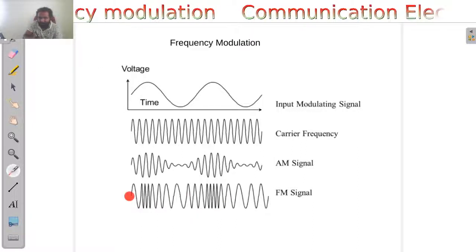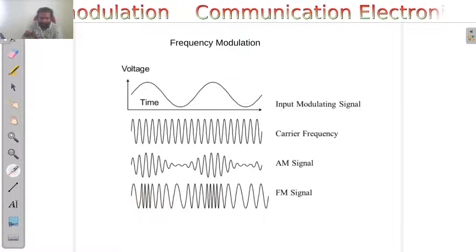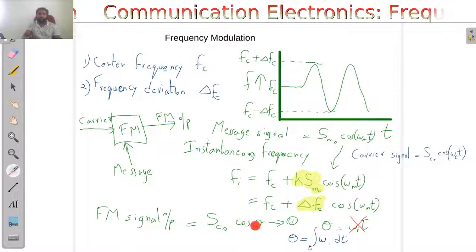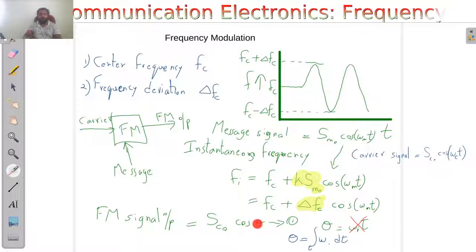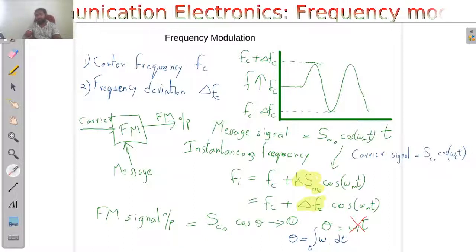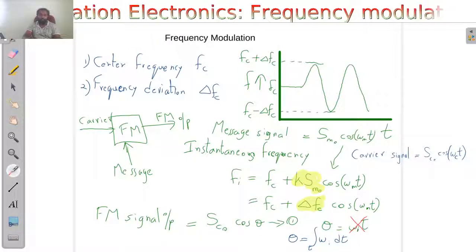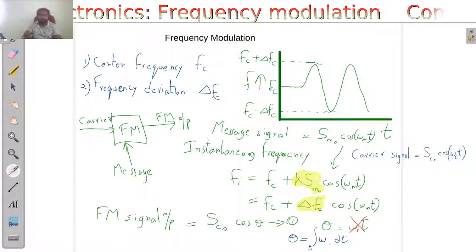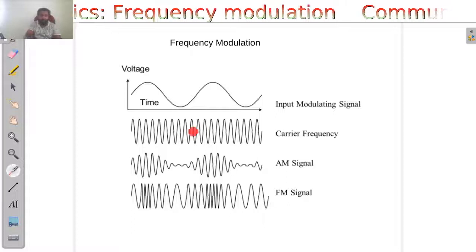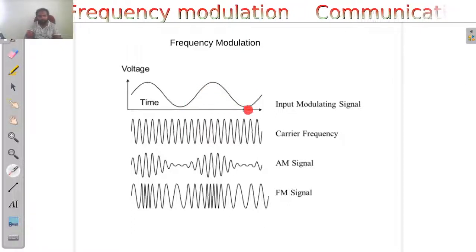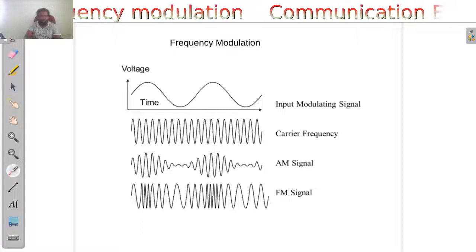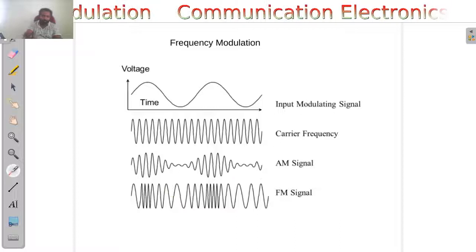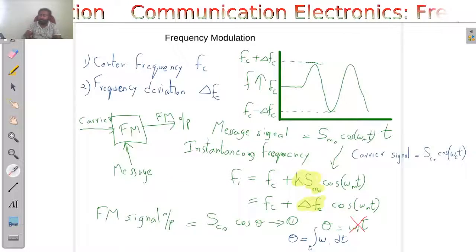Here it is 0 degrees, it increases like this, and your angle theta is represented by omega into t. This can be substituted with omega into t, but the problem is that our instantaneous frequency is changing. This omega is changing, it is not a constant in time. In the case of the carrier as well as the modulating signal, the frequency is not changing, but in the case of FM, frequency modulation, the frequency is changing.